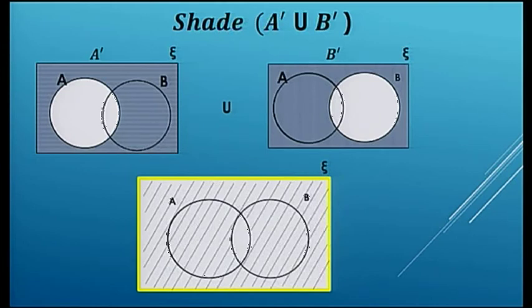So in the third one, you will see the shaded part represents A dash union B dash. It is only the middle part that is unshaded, because the middle part is neither shaded in the first diagram nor in the second one. So this is the region representing A dash union B dash.